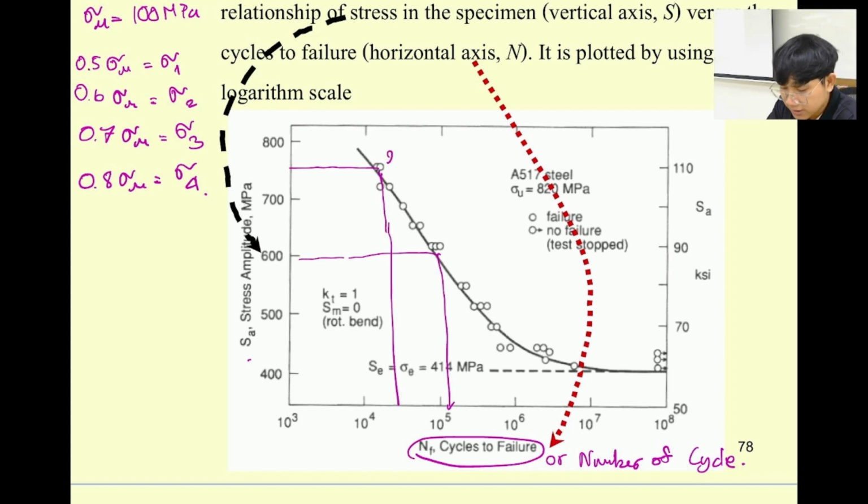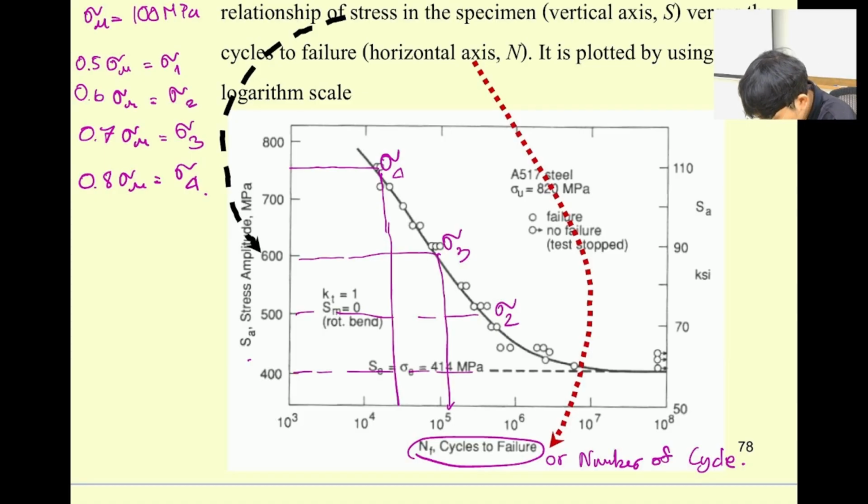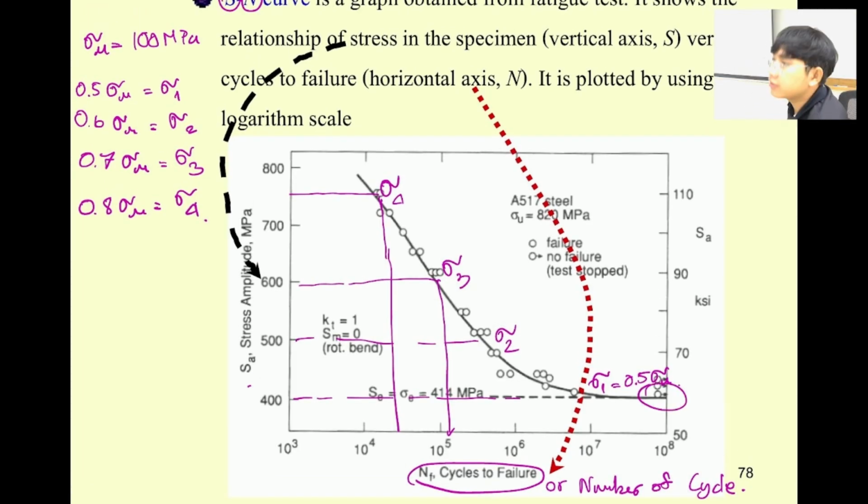For example, I test this one as my sigma 1, sigma 4, just for example, sigma 3, and this one is 500 as my sigma 2, and then at this point is my sigma 1, which is about 0.5 sigma U. The thing that happened with 0.5 sigma U of my steel alloy is it's not gonna fail.